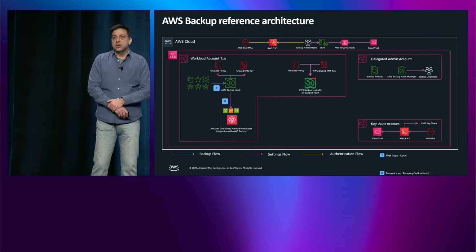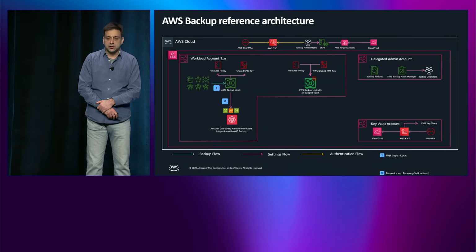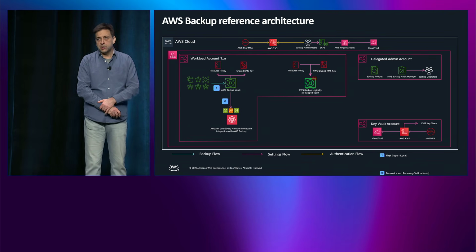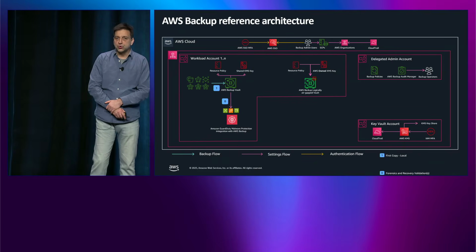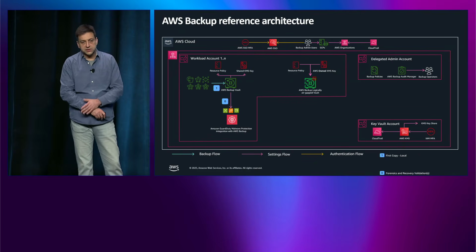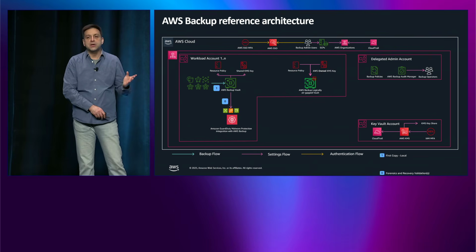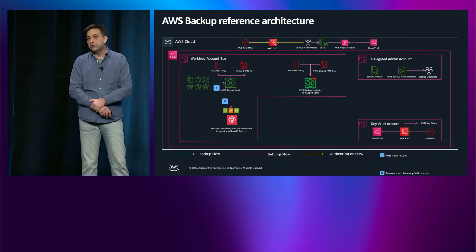Let's start talking about the secondary copy that I mentioned in our 3-2-1 strategy. Our reference architecture recommends using lag vaults for storing your secondary copy. As Vivek mentioned, this is equivalent to copying accounts into another account, so you don't have to do that anymore.